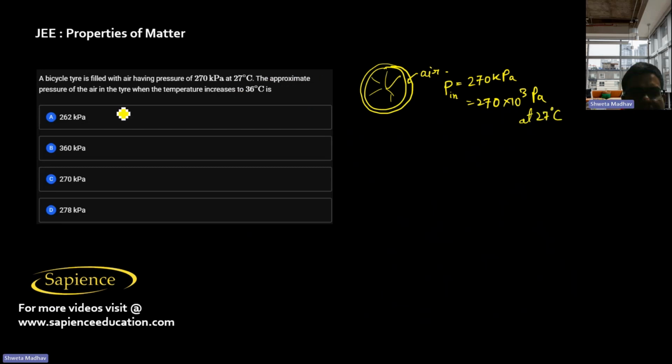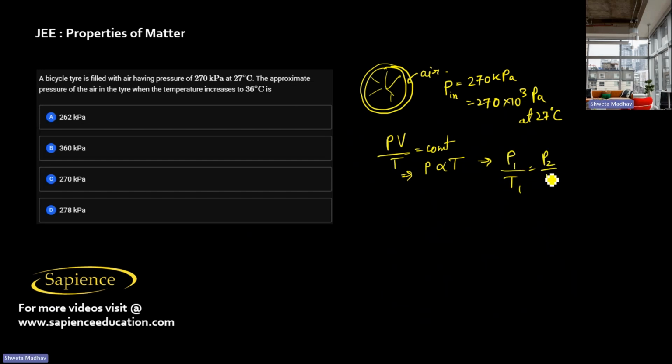The approximate pressure of air in the tire when the temperature increases to 36 degrees Celsius is. So the volume will not change. So I can say the volume is constant. PV by T is constant. It means that when volume is constant, P is directly proportional to T. That means P1 by T1 is equal to P2 by T2.